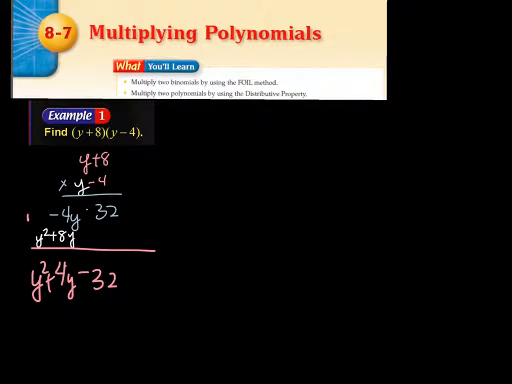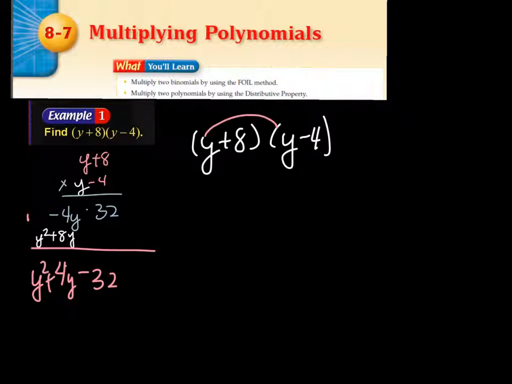More commonly is to use a horizontal method. So just like we did before, we're going to take the first term times both the other terms, and then the second term times the other two terms.